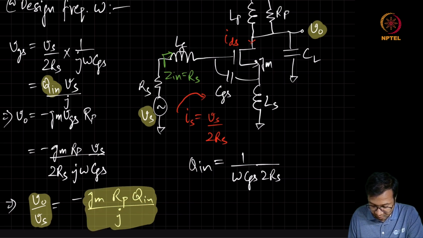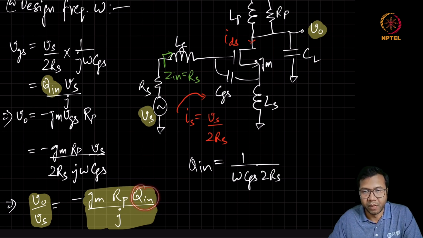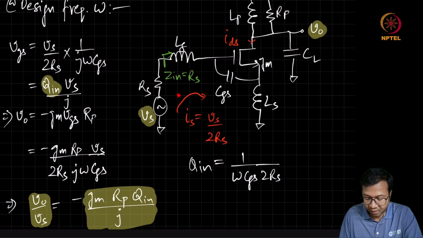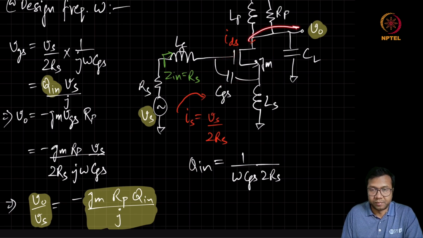This Q in is really important because, as we can see, because it's series resonance, VGS is already getting amplified by the quality factor of the input resonance circuit, and this passive amplification is going to generate this IDS and then Vo.